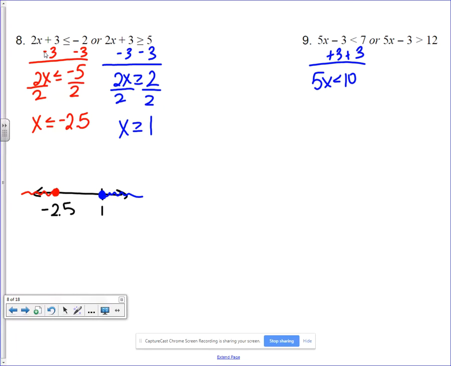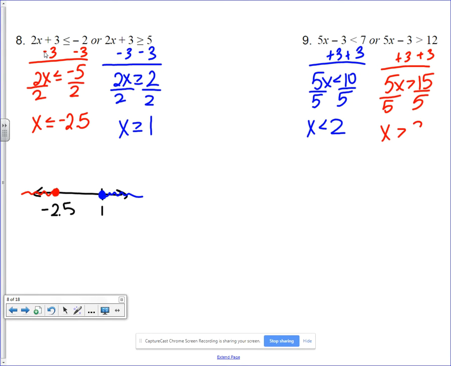How do I isolate that x? So x is less than 2. There we go. How about the other one now? So 5x is greater than 15. Greater than 3.